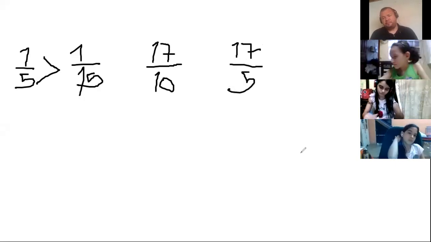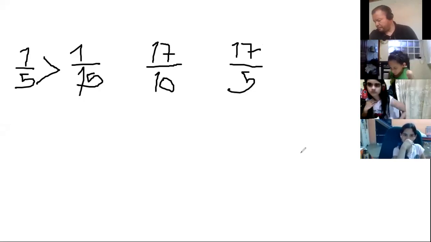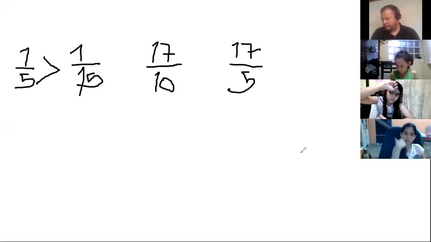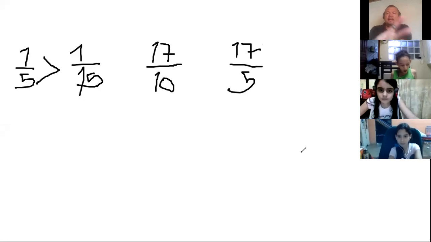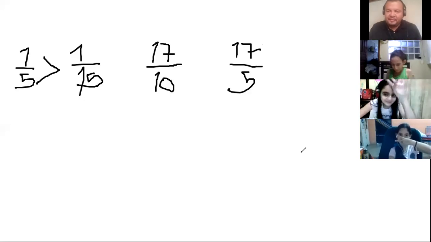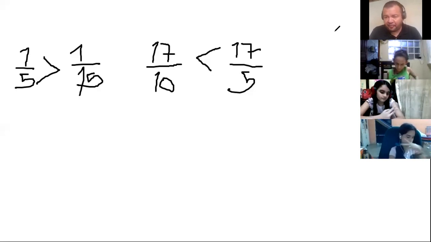What is the answer of this one? 17/10 is less than 17/5.